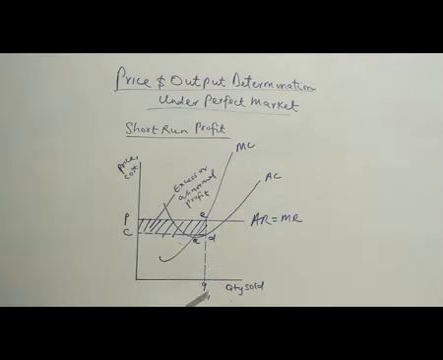That is, at Q1, the firm is able to have the price PE and cost per unit CD. So PE, the price, is greater than CD, which is the cost. So the total profit of the firm will now be PEDC at Q1.